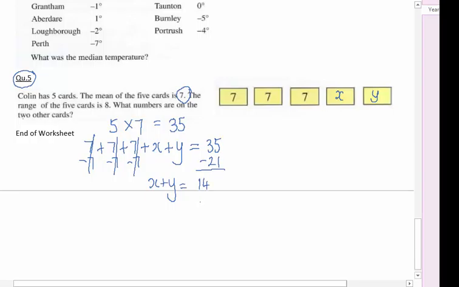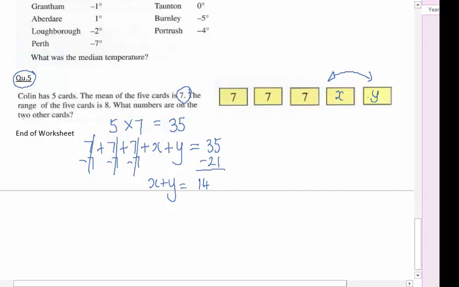So I'm almost there. I still can't work out X and Y because I don't have enough information yet, but I can use the information about the fact that the range of the cards, the difference between the biggest card and the smallest card, is 8. So I'm going to assume that X might be the smallest, and Y might be the biggest.